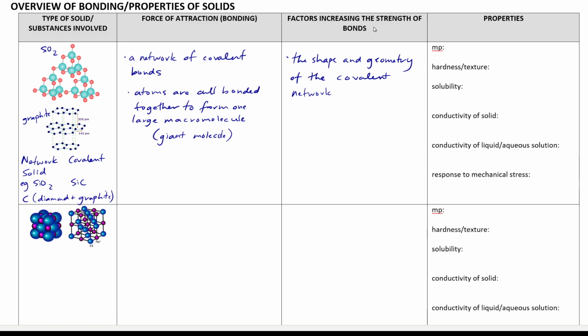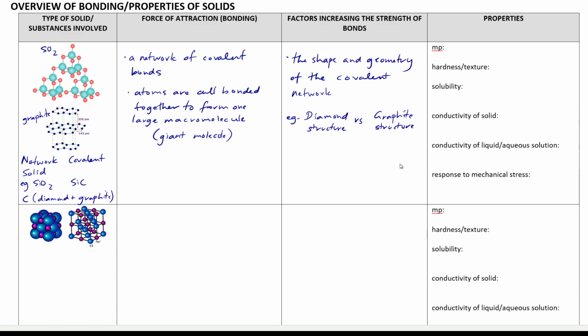So an example would be looking at diamond structure, which is extremely hard, and there is no shifting or gliding in a diamond, versus graphite. So both the same substance, right? Both just carbon, but have a different geometry of the network covalent bonds.